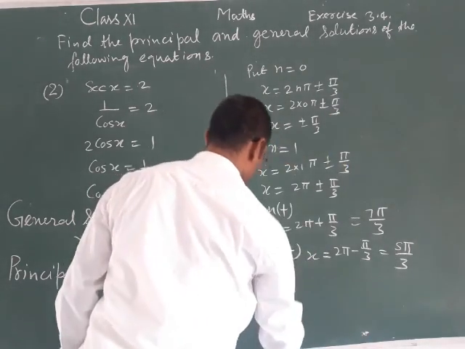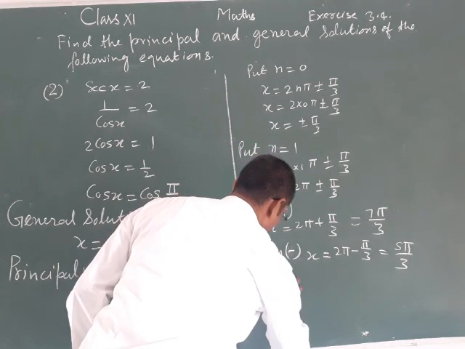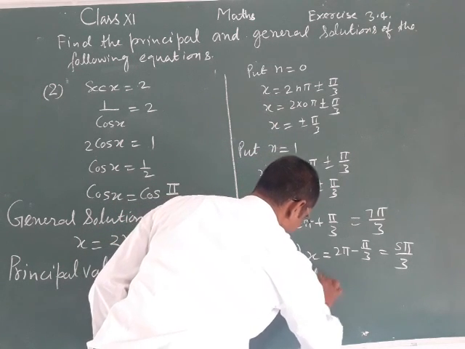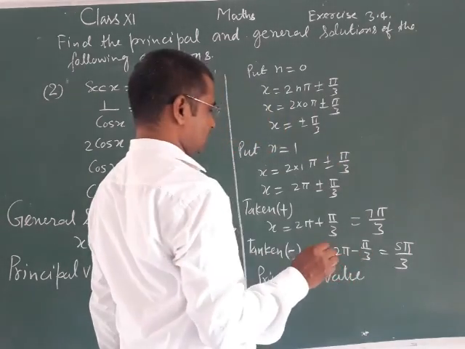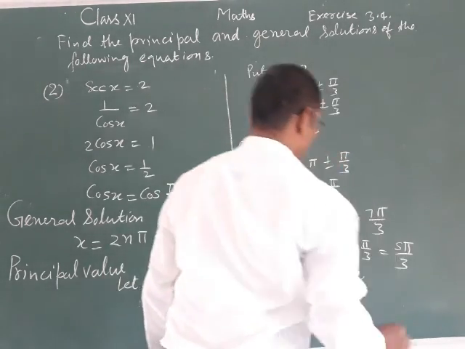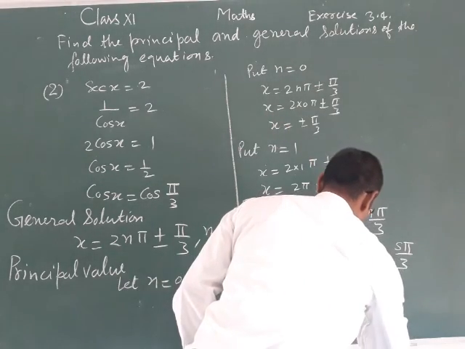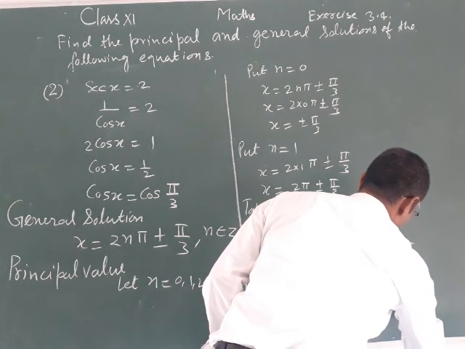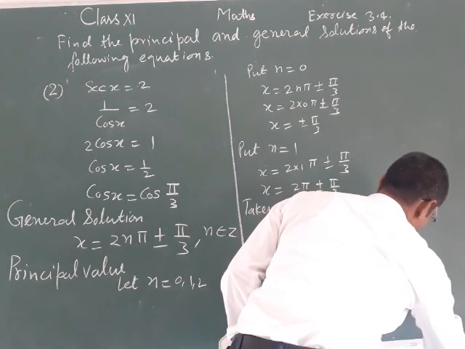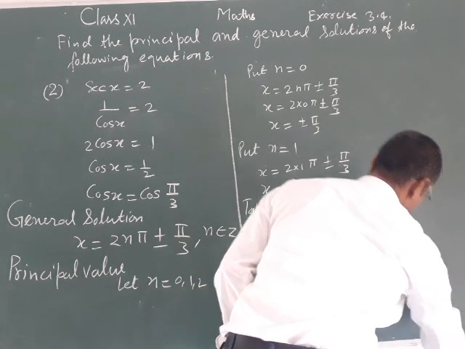So the principal values are plus minus pi by 3, 5 pi by 3 and 7 pi by 3.